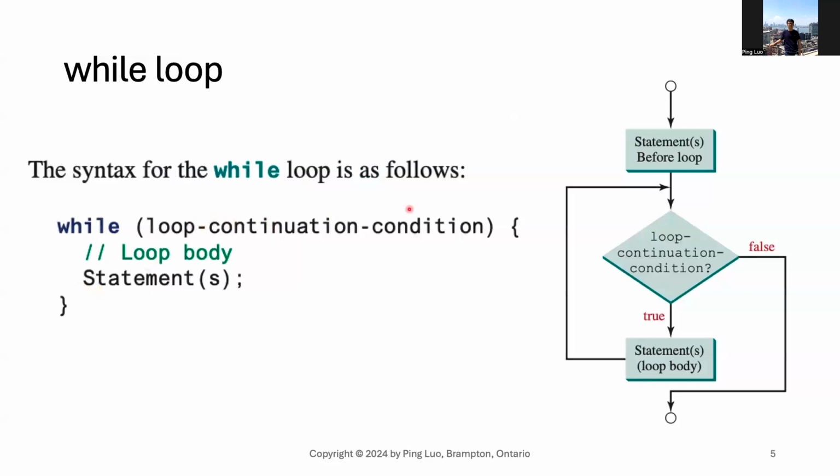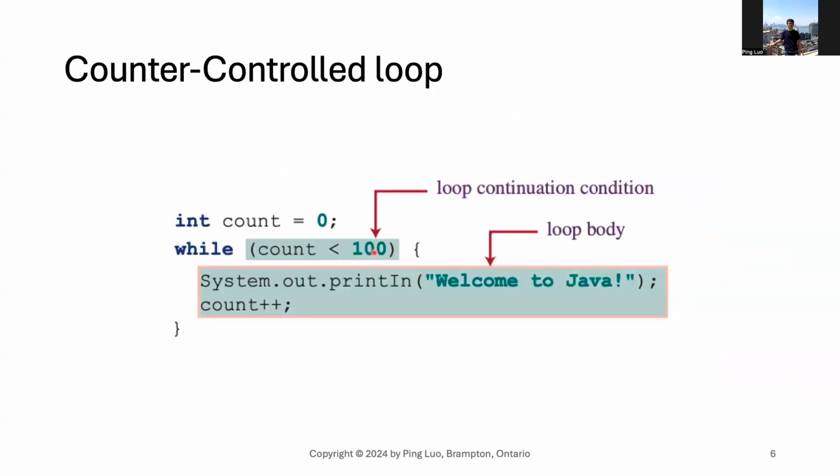So we can use a condition or a counter to determine if we should stop this while loop. In this example, count less than 100 is the condition we need to meet in order to perform everything inside the curly braces.